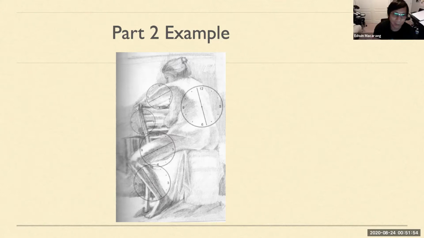That feels like almost a 6 o'clock, not exactly. Not 12 to 6, but slightly leaning to the left, just a little bit. And that strong diagonal being made by her upper arm, her elbow to her shoulder.